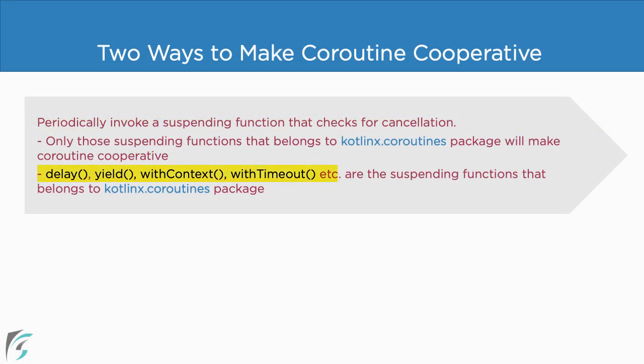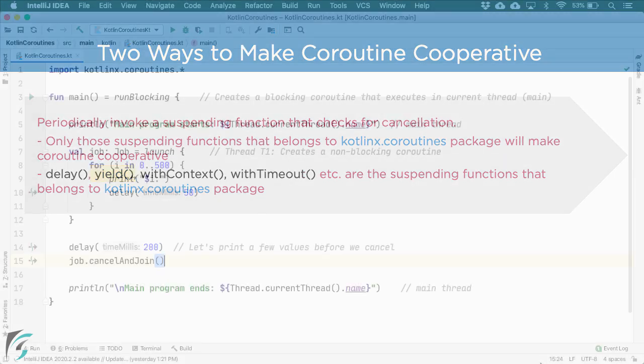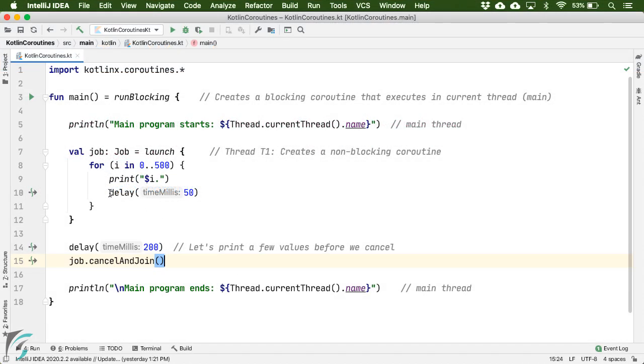Now, apart from the delay function, we also have other functions like the yield function. In case you don't want your coroutine to delay, then the yield function is the best choice. Let me show you how to use this function. Instead of delay, let us use the yield function. This yield function is cancelable in nature.